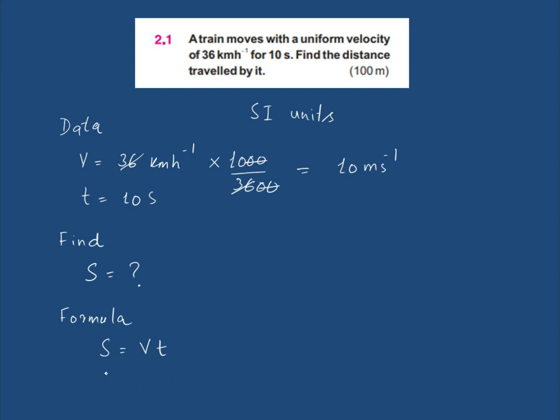Now we have to put the values in the given formula. S is equal to vt, 10 meters per second multiplied by 10 seconds. It is equal to 100 meters. This is the answer. The train covered 100 meters when it was moving with uniform velocity v for the time t.